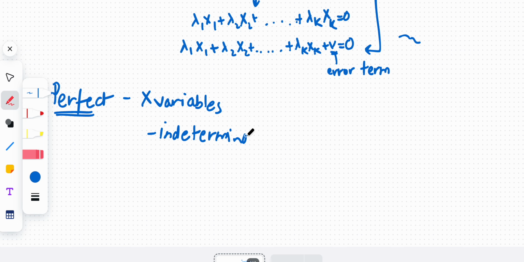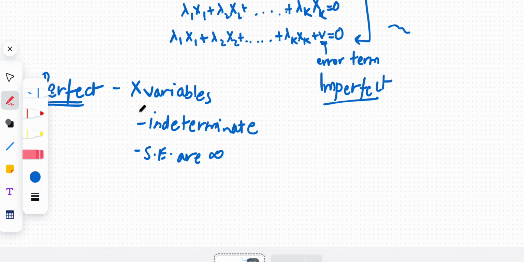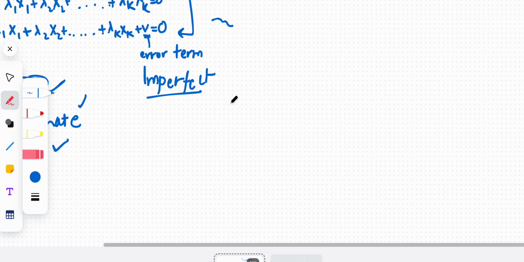That would also mean my standard errors are infinite. In imperfect multicollinearity, what happens is they share an imperfect relationship.